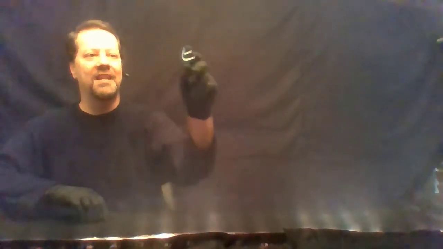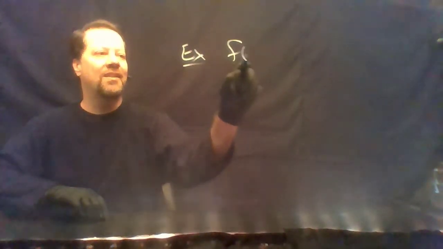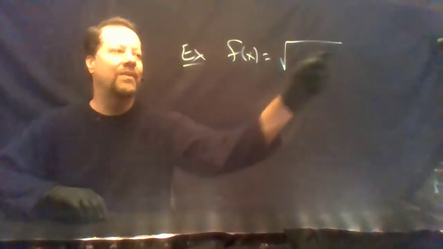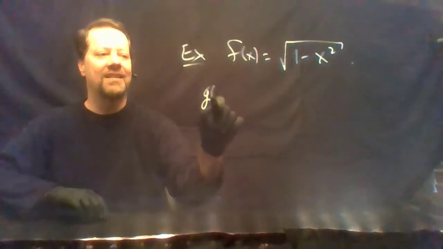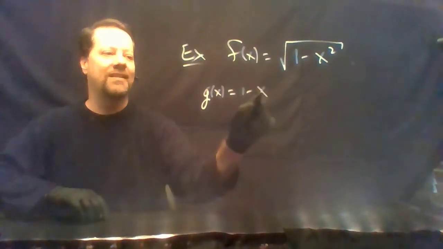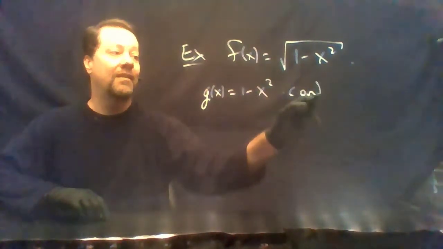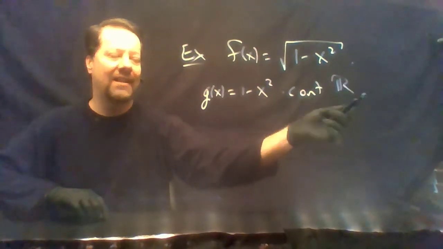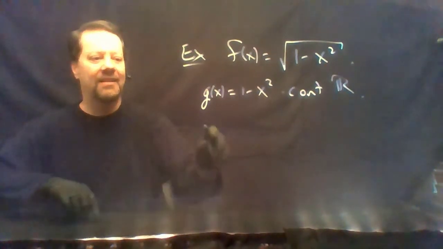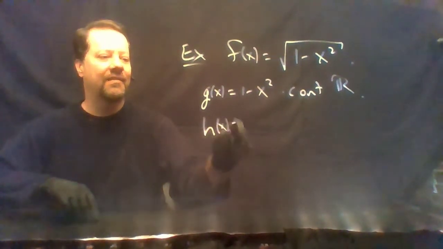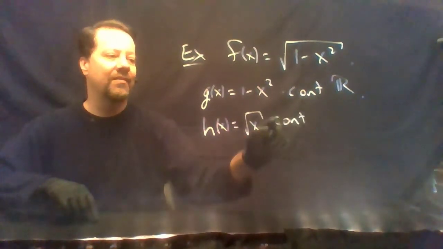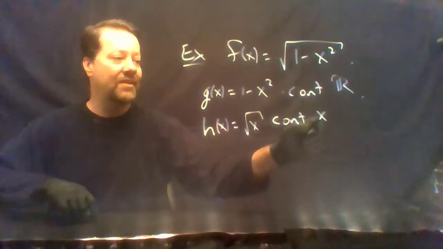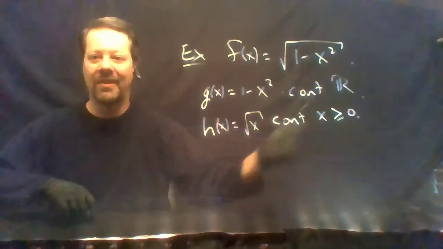For another example, consider the function the square root of 1 minus x squared. The inside function in this case is 1 minus x squared, which is a polynomial. It's continuous on the entire real line. But the outside function, square root of x, is only continuous on x bigger than or equal to 0.